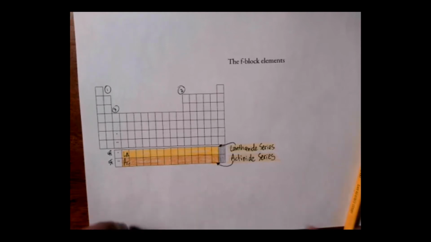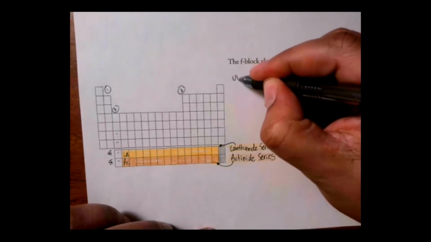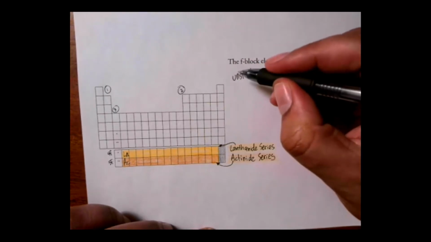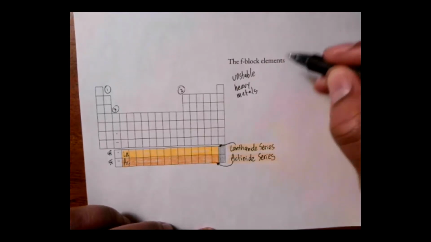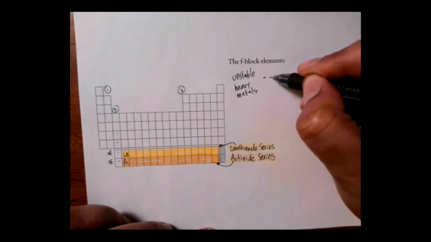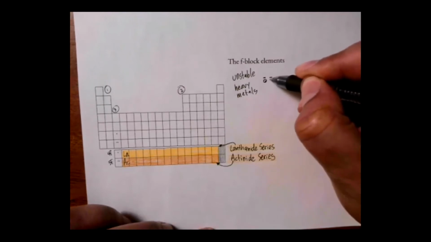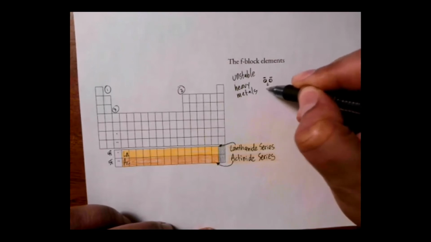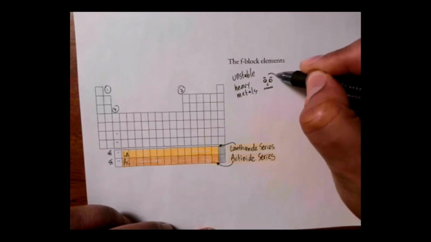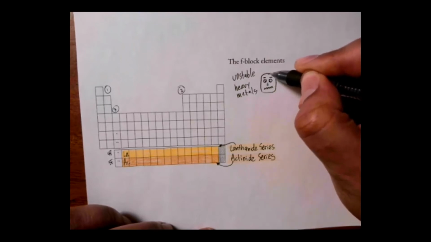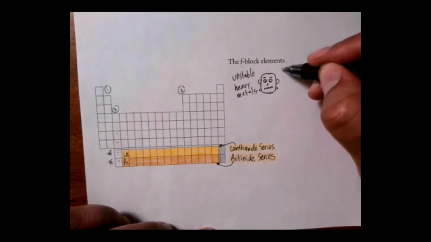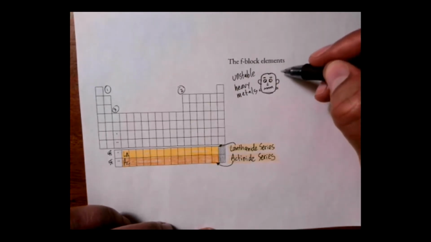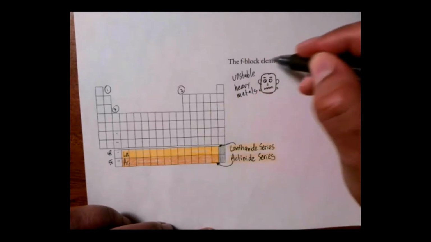F block elements are what I would call unstable heavy metals. All right, I like that picture.